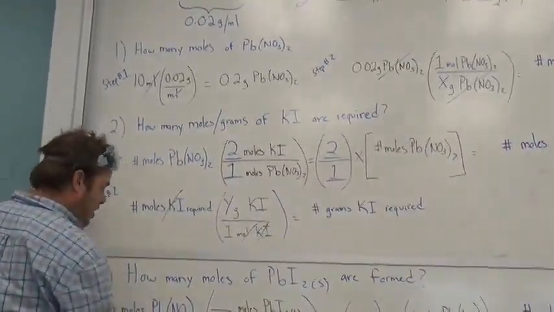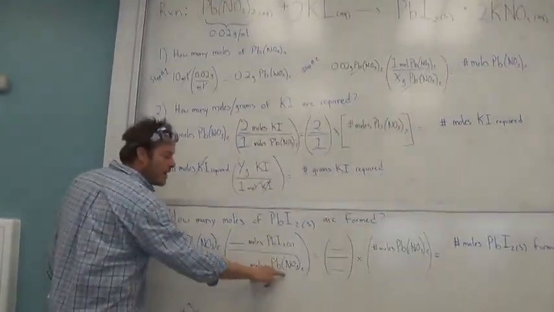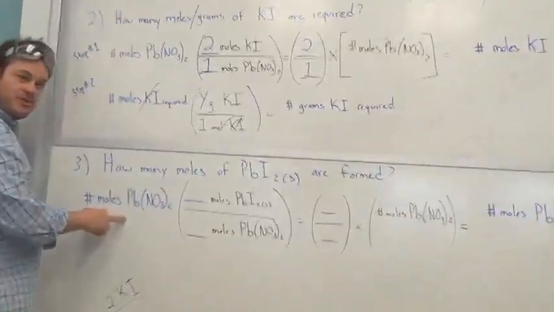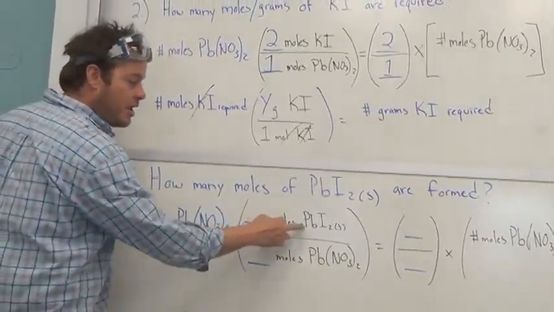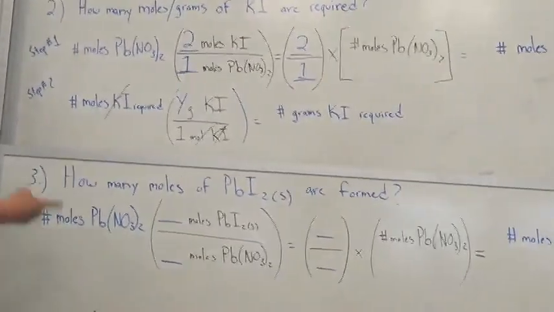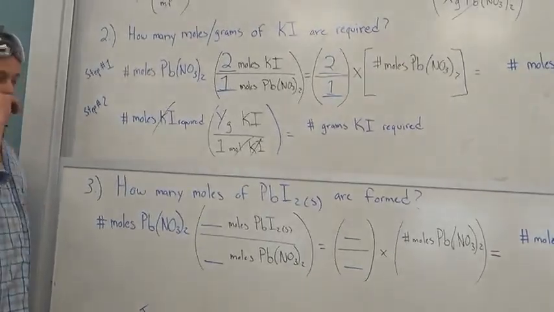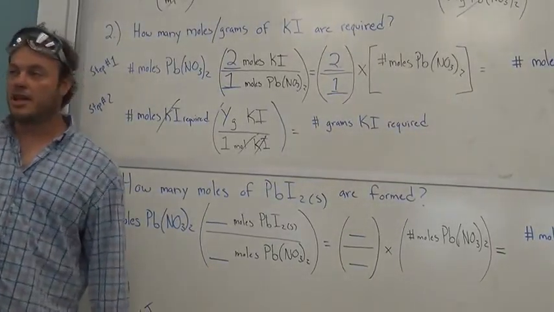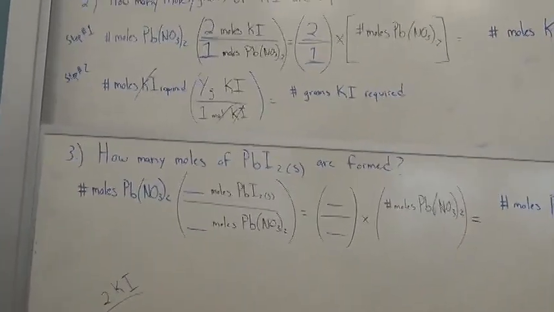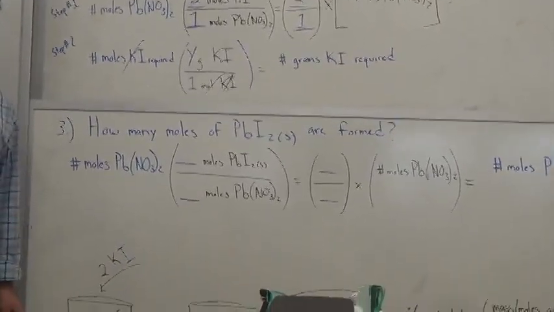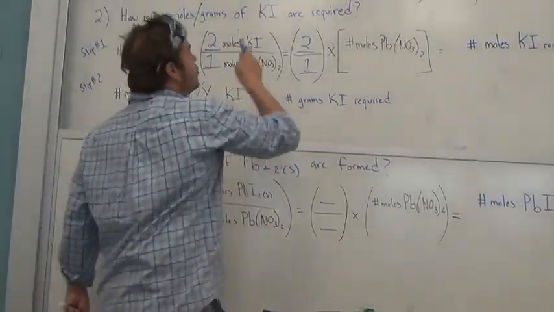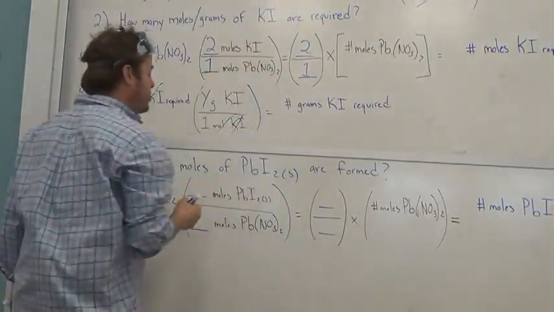I'm going to write that in right here. And then I'm going to look at the balanced equation and figure out the relationship between the number of moles of lead nitrate consumed and the number of moles of lead iodide formed. What's this ratio? How many moles of lead iodide do we expect per a mole of lead nitrate? It's 1 to 1. So 1 mole of lead nitrate gives us 1 mole of lead iodide.